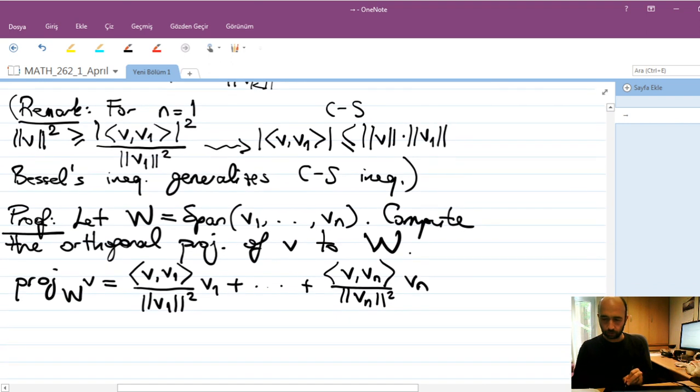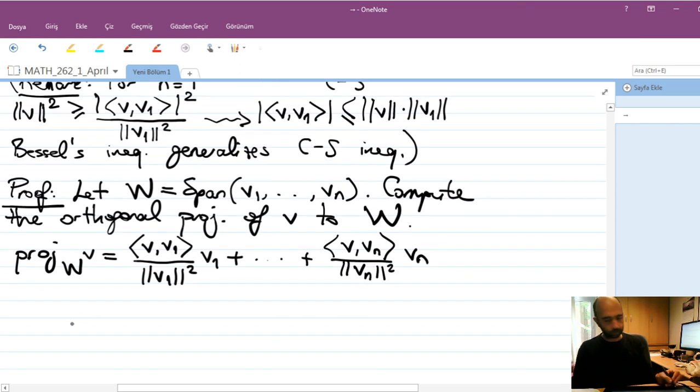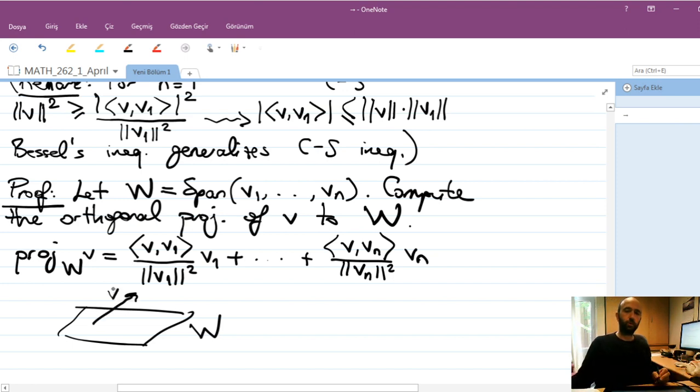This is the projection. And the schematic way to remember this is, well, in this big space you have the subspace W. This is your vector v, potentially outside W. What you want to do is to find this unique vector here, which is exactly proj W v, the unique vector such that v minus proj W v is orthogonal to W. And by analyzing that, we arrived at this formula.